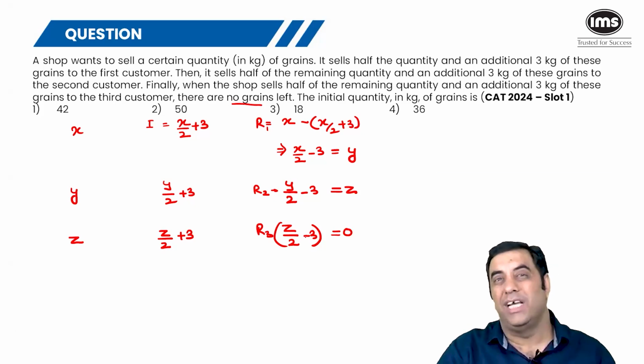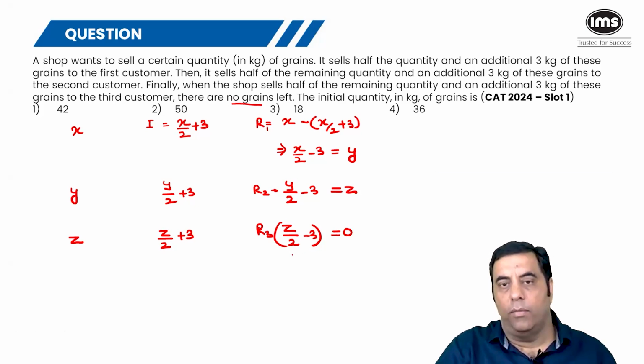Now, once I know this is equal to 0, I can straight away say z by 2 is equal to 3, which implies z is equal to 6.